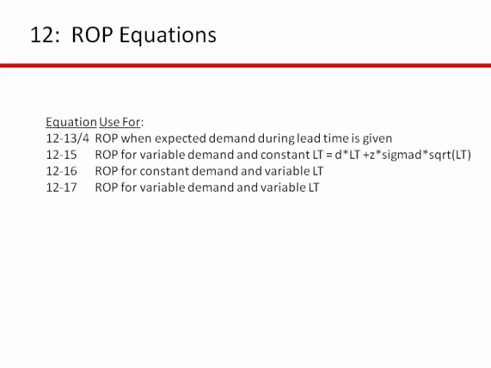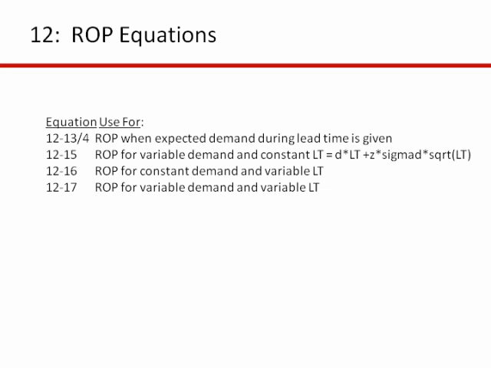So the last example, well, I didn't do an example, but if you look in the book, they give you reorder point formulas for variable demand, constant lead time; constant demand, variable lead time; variable demand and variable lead time; and also when you're given the distribution of demand during lead time.